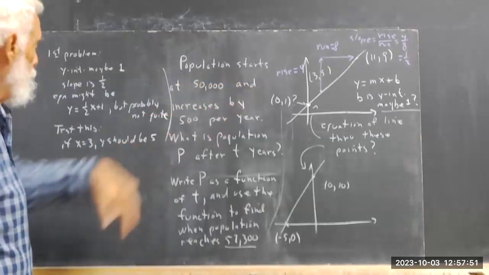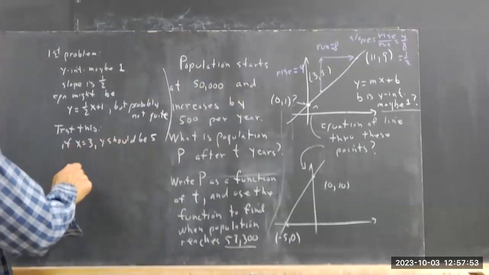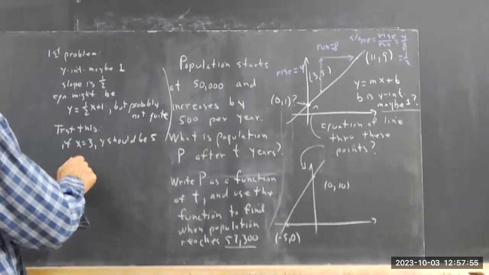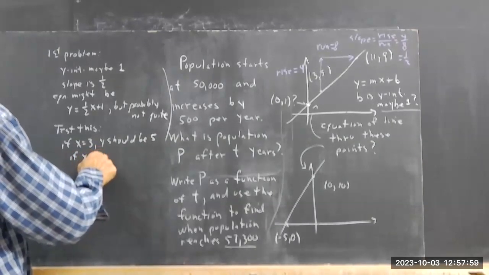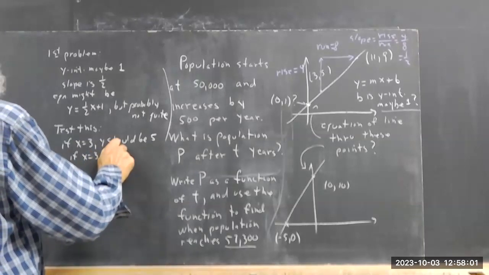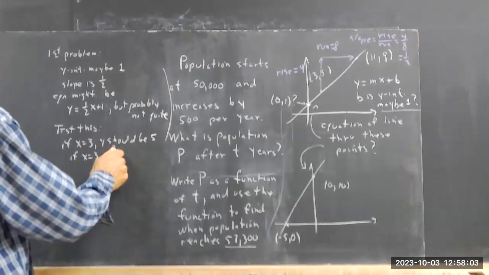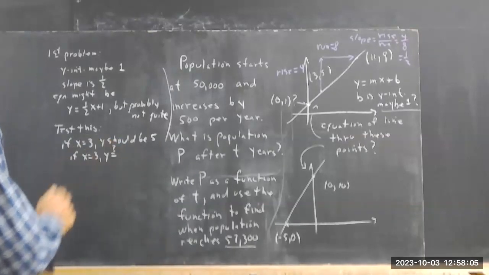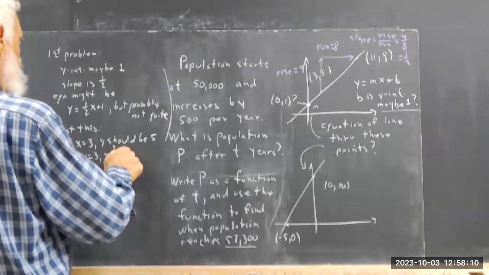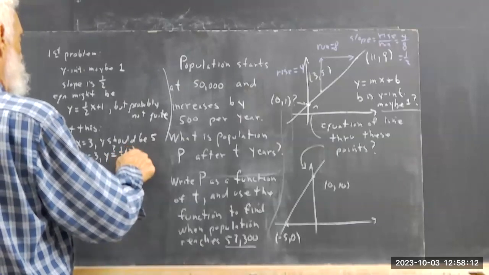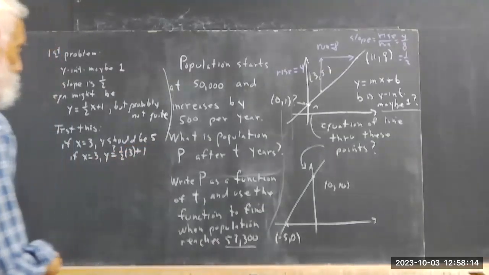Got the point, so if x is 3, y should be 5. Now I'm going to write y equals with the question mark over the equal sign. We're asking a question whether y equals 1/2 of 3 plus 1.